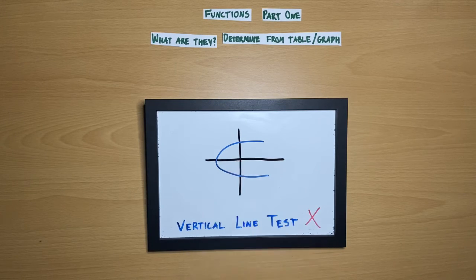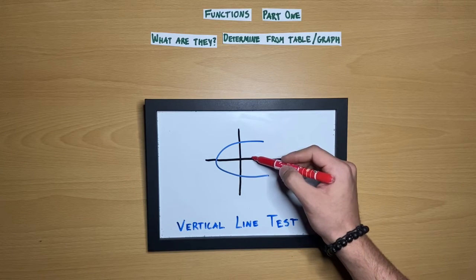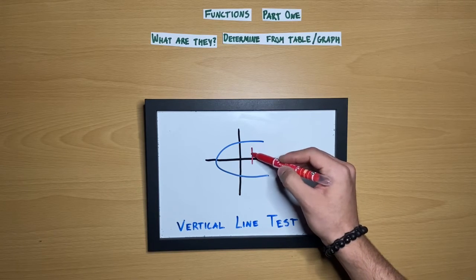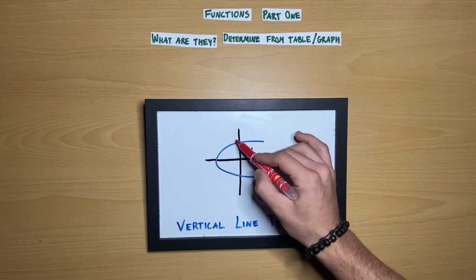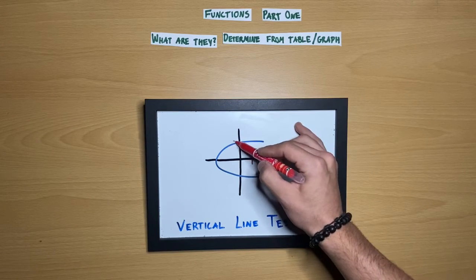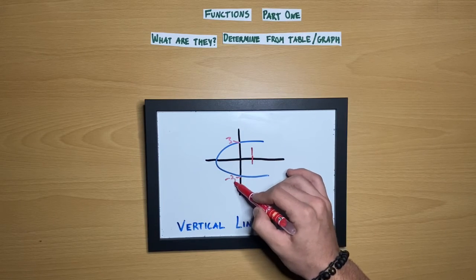And to connect this to the table from earlier, let's say we have this x value of 1. And let's say this is a y value of 3, and this is a y value of -3.